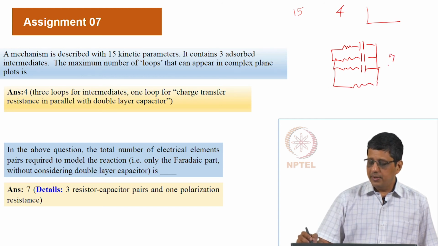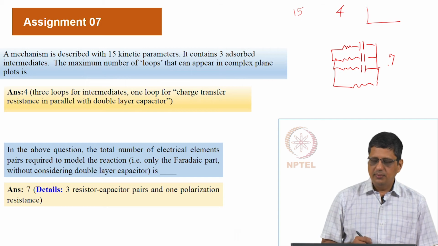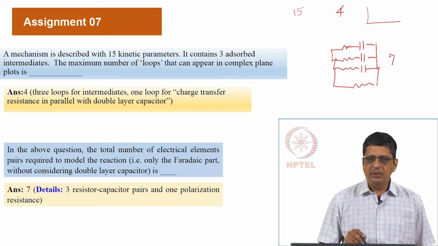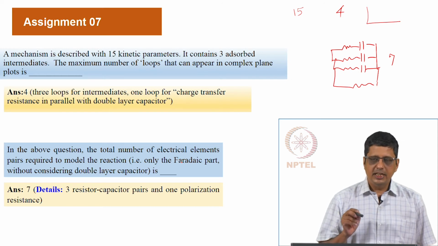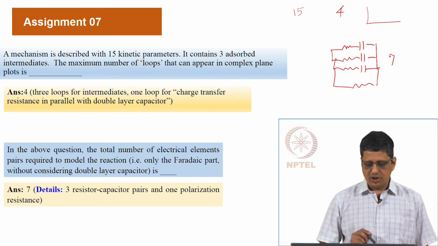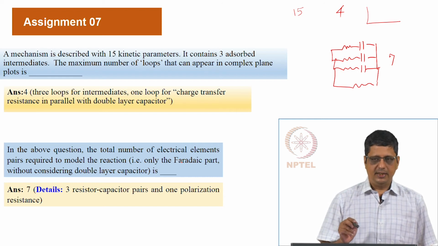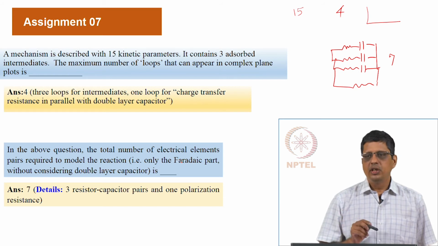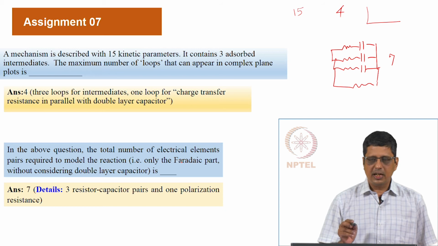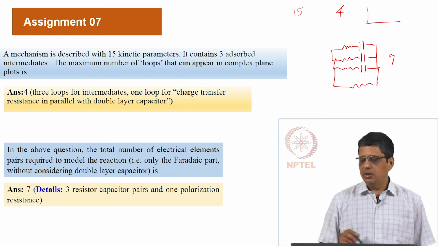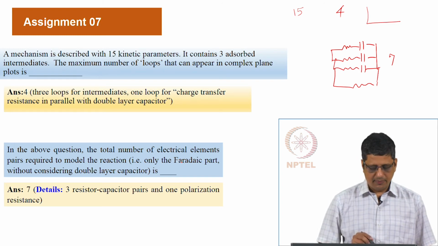So, this is going to be 7 elements. 7 electrical elements are required to model the Faraday impedance of the impedance spectrum, not the double layer capacitance and not the solution resistance. Apart from the double layer capacitance and solution resistance, the Faraday impedance can be modeled using 3 Maxwell pairs. That means it can be modeled using 7 electrical elements.